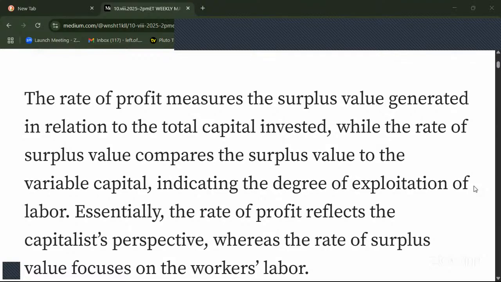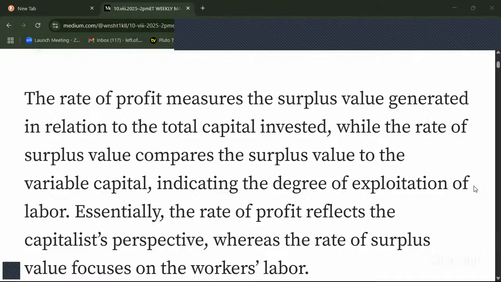So the more general description is: the rate of profit measures the surplus value generated in relation to the total capital invested, while the rate of surplus value compares the surplus value to the variable capital, indicating the degree of exploitation of labor.